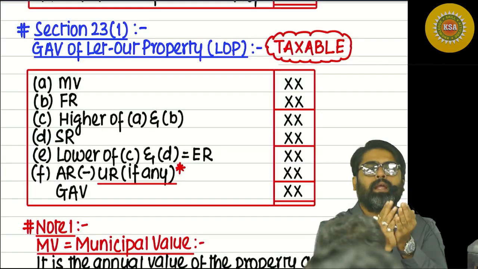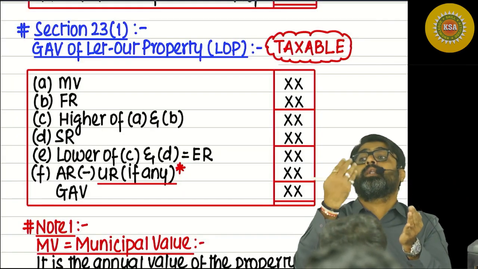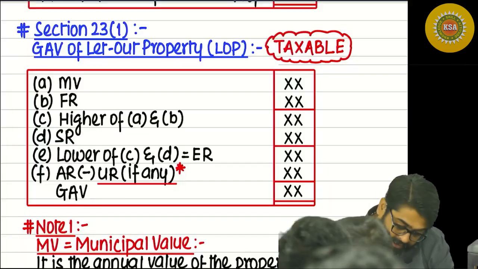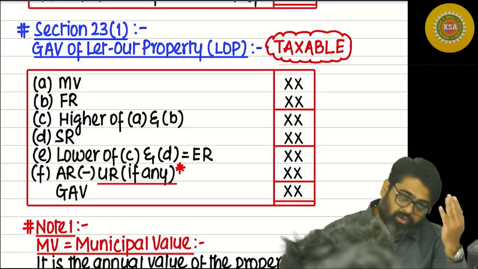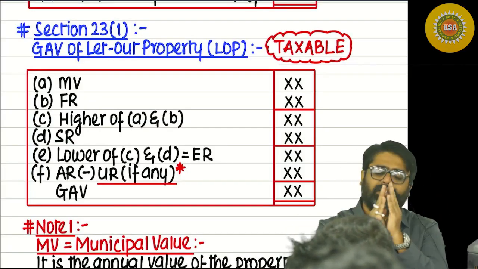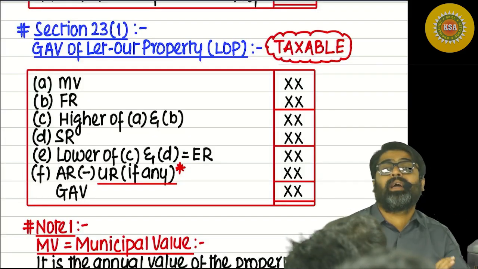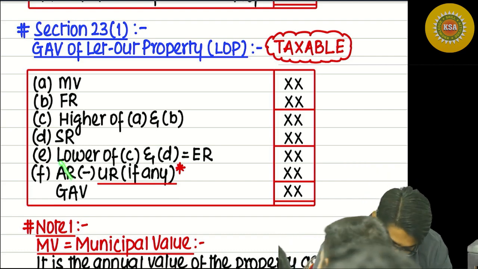If this total is greater than or equal to expected rent, still your actual rent will become the GAV. And if this total is still less than expected rent, then your actual rent will be ignored and expected rent will be taken as your GAV.